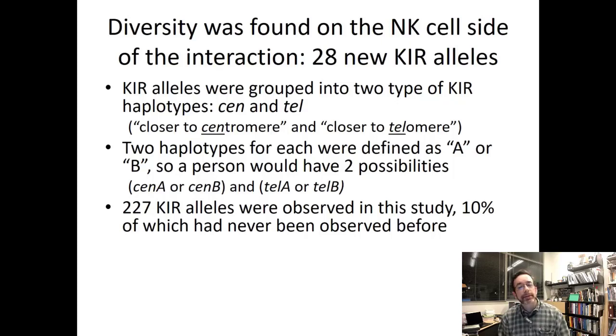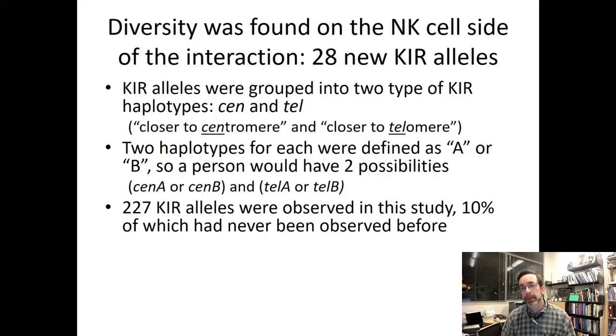And so for each of these haplotypes, you basically had 2 possibilities. You could have sen A or sen B, and you could have tel A or tel B. Realize that how they do the groupings is really complicated and statistical. What really matters is that you can do the groupings, and that you have 2 possibilities, A or B. And they tried to group them so that they could see what the diversity differences were among the KIR alleles.